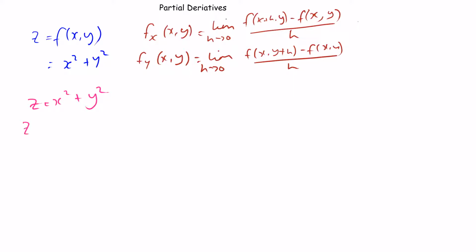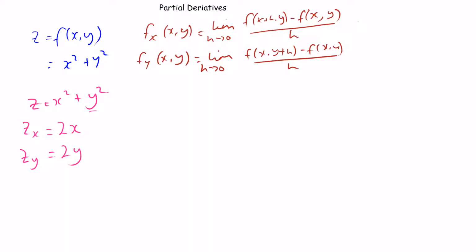If we differentiate partially with respect to x, then we take y as a constant. So y squared here is going to be 0, and we differentiate the x squared to 2x. In the same way, the partial derivative of z with respect to y is 2y.